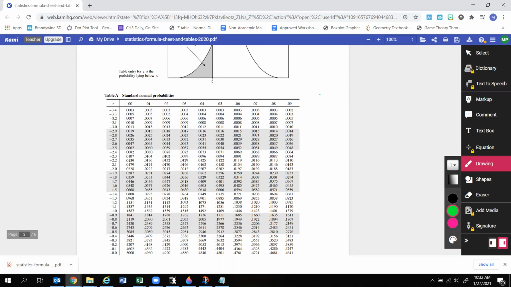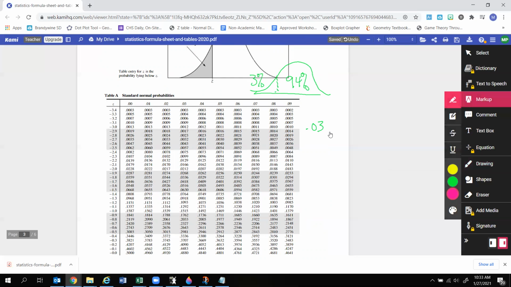If they're doing a 94% confidence level, so you have 94% in the middle, that means that your tails are going to be 3%. So you want to dig through here and find 0.03, or the closest thing to it. The closest thing is going to be this guy right here, 0.0301.